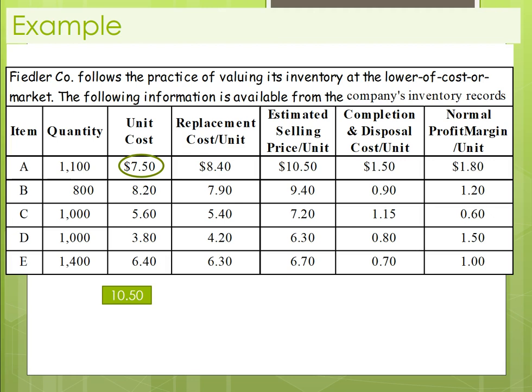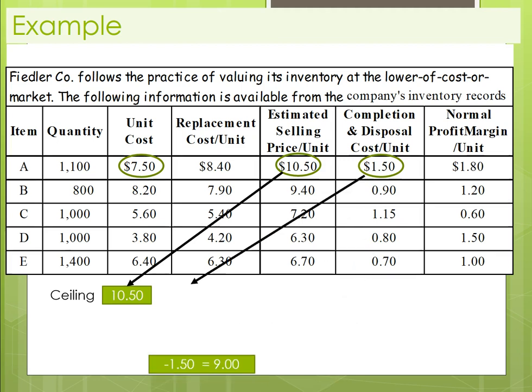So first of all, we have to figure out what our ceiling is and what our floor is. We're first going to take the estimated selling price, and then we are going to subtract any cost to complete. That tells us that the replacement amount cannot be higher than $9. And as we look at this, we see the $8.40 is not, so it's okay.